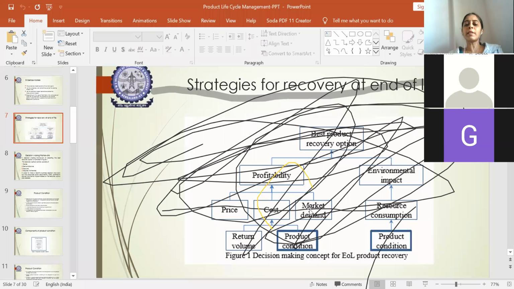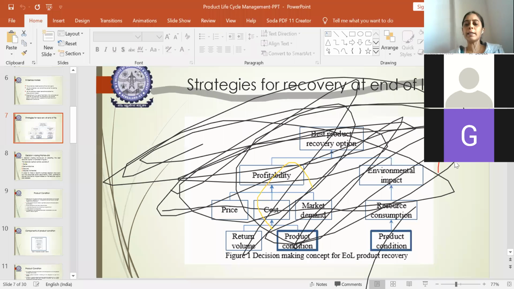It could be with respect to the market demand, what is the current demand for the product in the market, what is the actual cost of the product, and what is the MRP of it. Depending upon the cost and the price of the product, the profitability of the product will be evaluated. So this is one line in which it evaluates the profitability of the product.